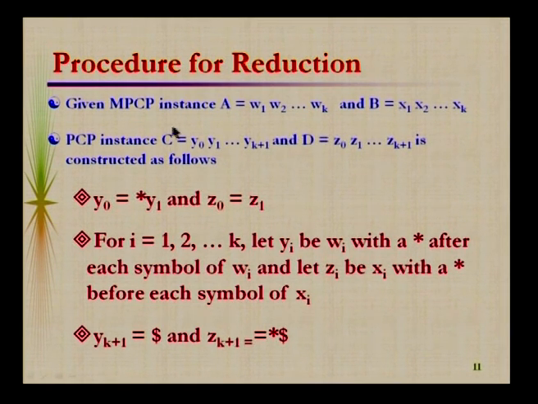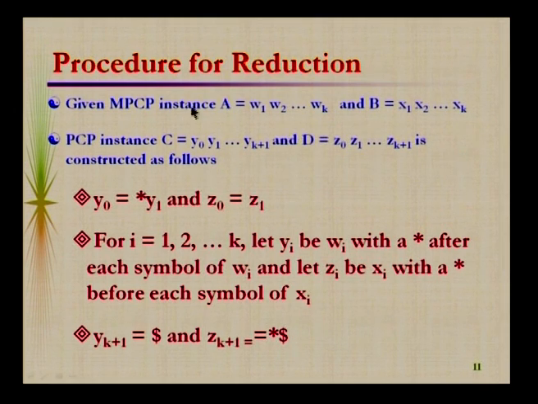In the case of list C, the corresponding strings are y0, y1, y2 etc. up to yk plus 1, and D, which is the equivalent of B in the MPCP instance, has z0, z1, z2 etc. up to zk plus 1.